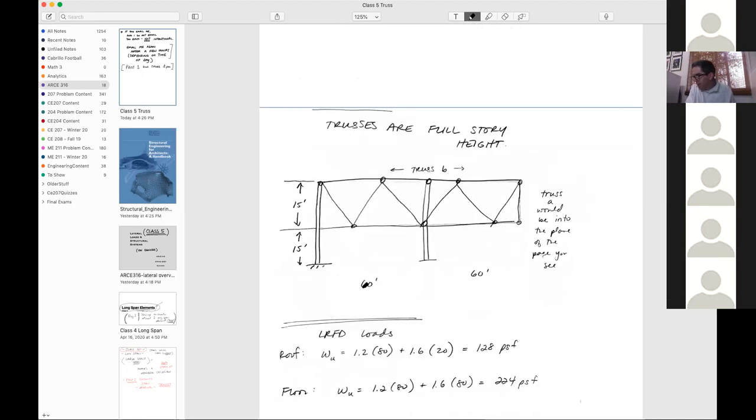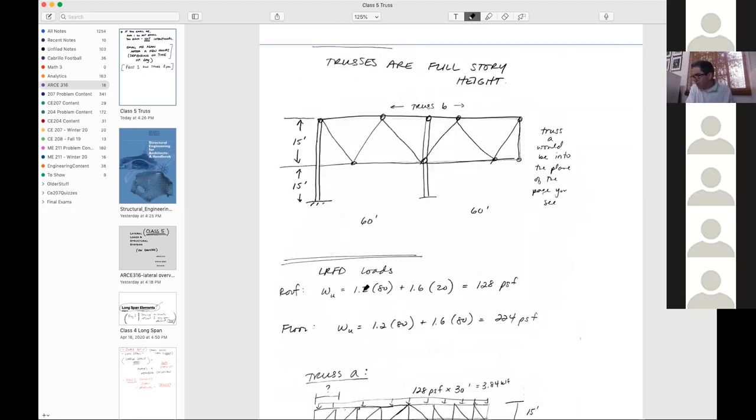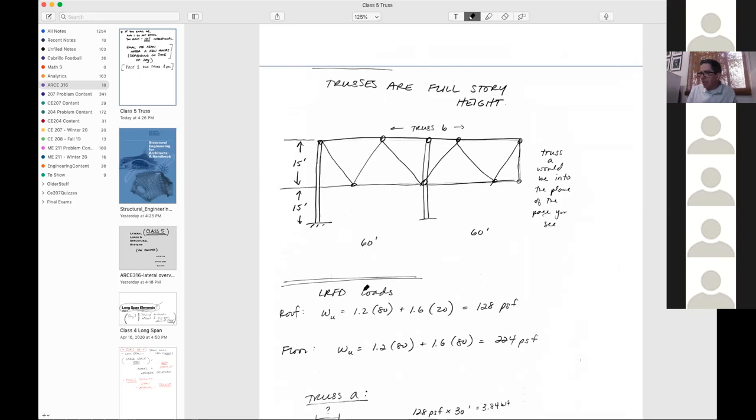So let me give you this picture here. This is what the building looks like in profile. So you've got a roof, you've got a floor, and then you've got the ground down below. So this would be this truss that you would be looking at. That would be truss B. So I'll go back up to the top again.